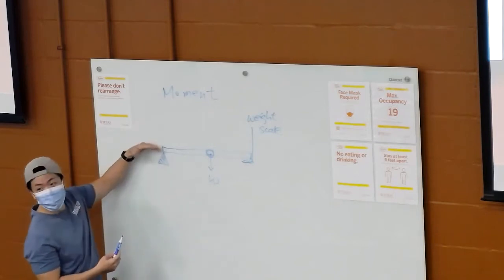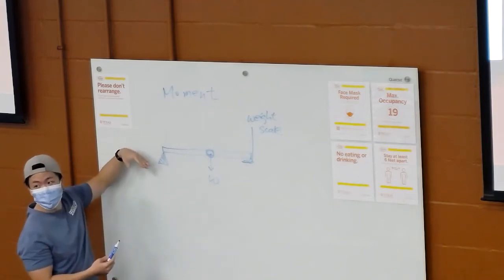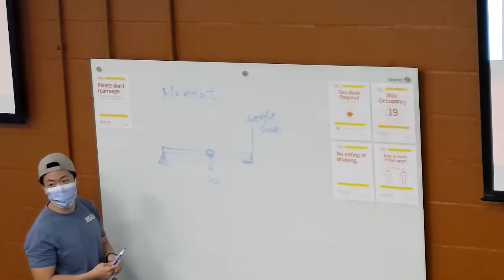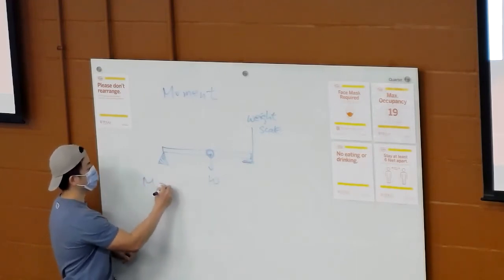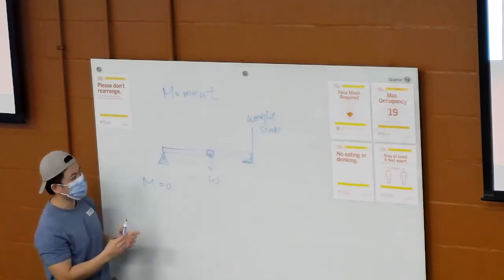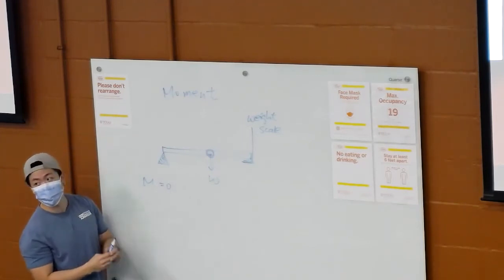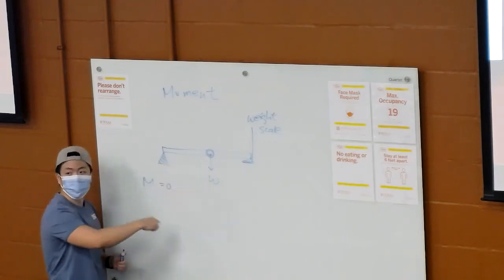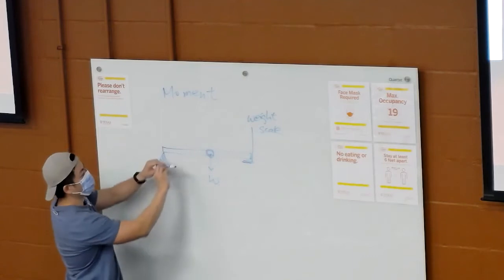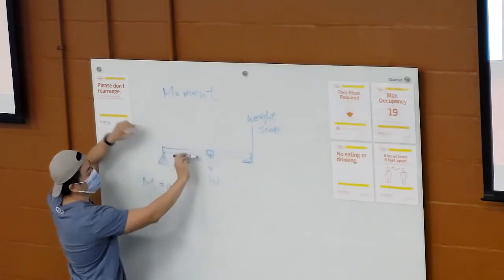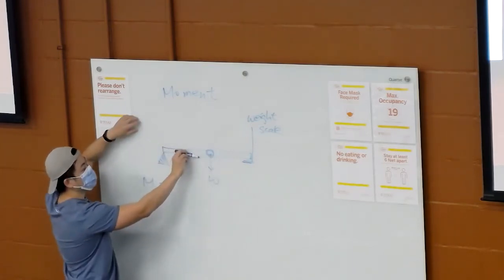And if the board is not moving, right? It's not rotating. So the total moment is 0. And there are two directions of the moment. One is clockwise, the other is counterclockwise, right? The weight of the board will bring it this way.